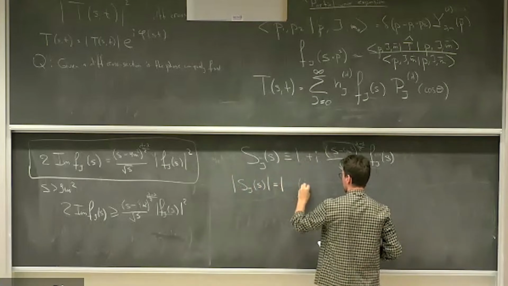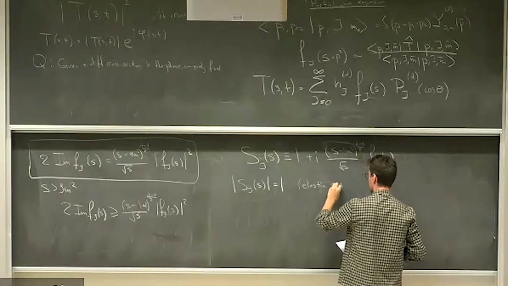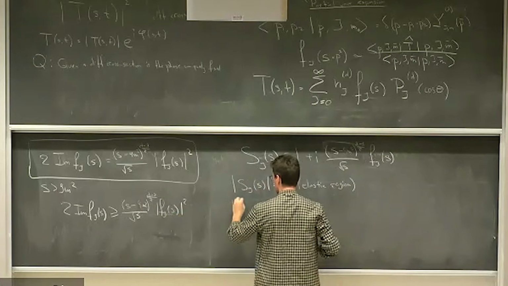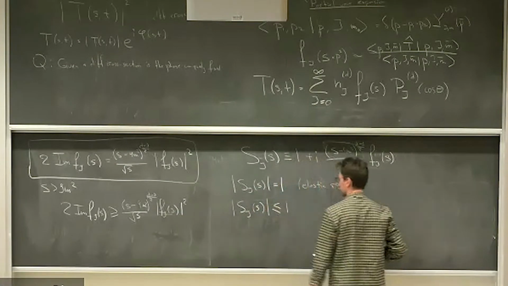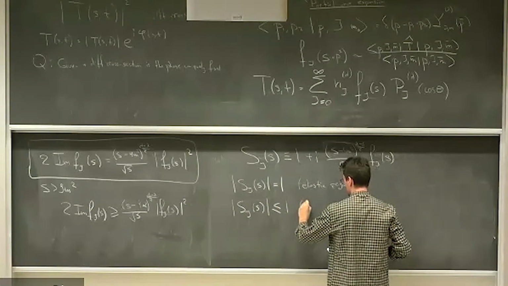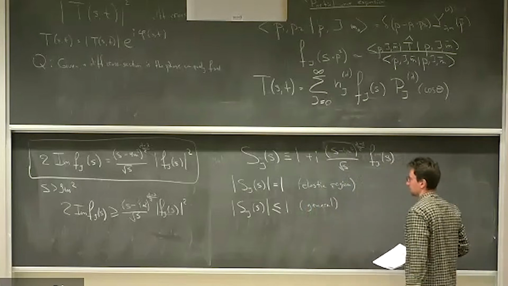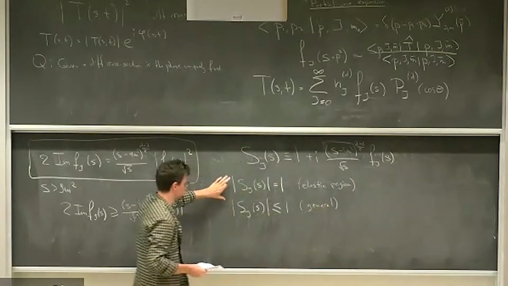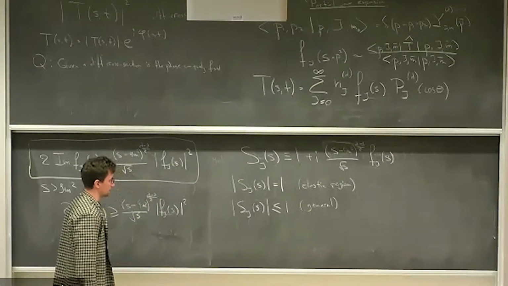This is elastic scattering, the elastic region. And in general this equation becomes |S_J(s)| less than or equal to 1. So this is a type of equation which is truly non-perturbative.